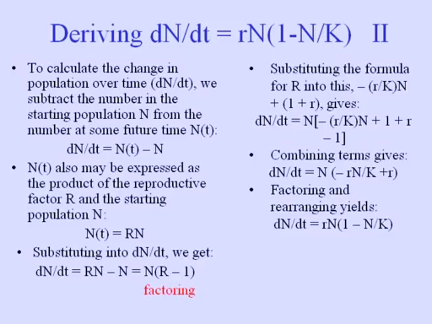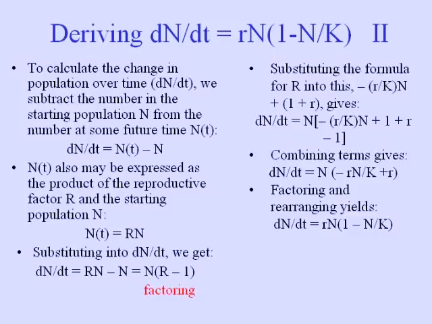And then we get dN over dt equals capital RN minus N. Now with a little bit of factoring, we can take out the N and come up with N times R minus 1. The next step is to substitute the formula for capital R that we derived into this formula.